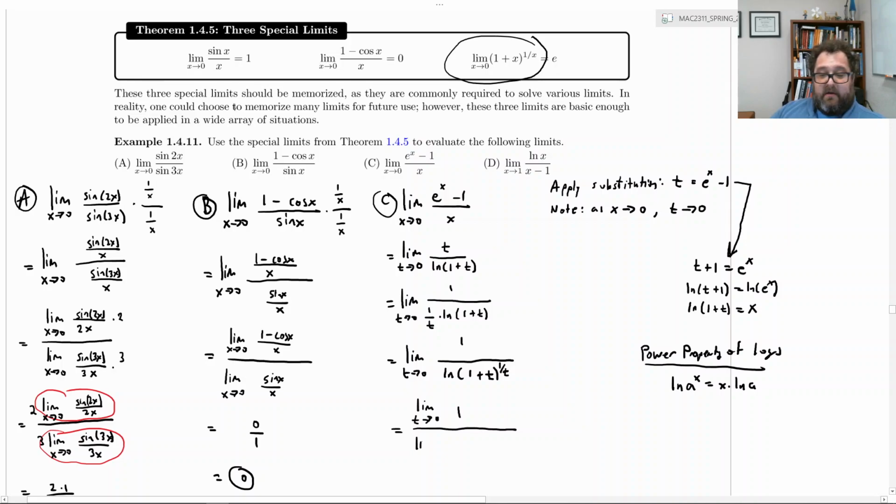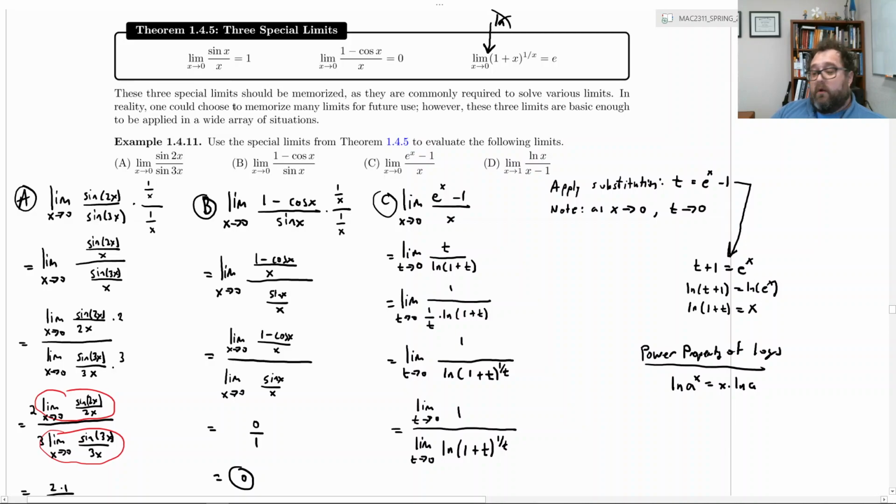But on the denominator, I have the limit as t goes to 0 of natural log of (1 plus t) to the 1 over t. Notice up here, there is no natural log.